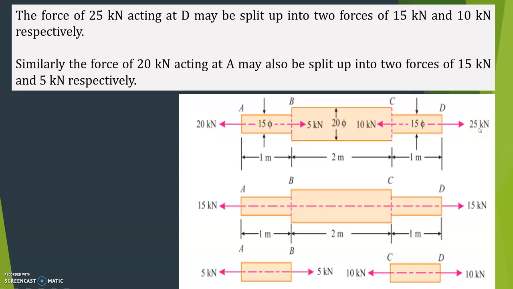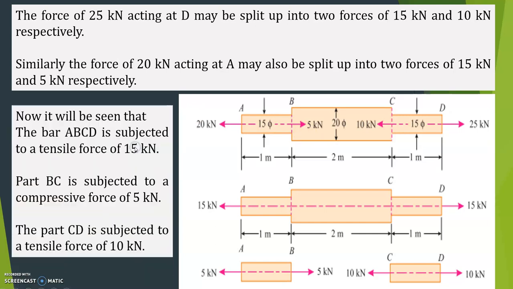So you can split 25 kilonewton at D into two forces, that is 15 and 10, right? Then similarly, the 20 kilonewton force acting at A may also be split up into 15 and 5, because at B the force acting is 5 kilonewton.